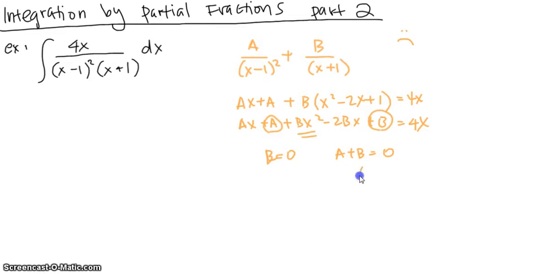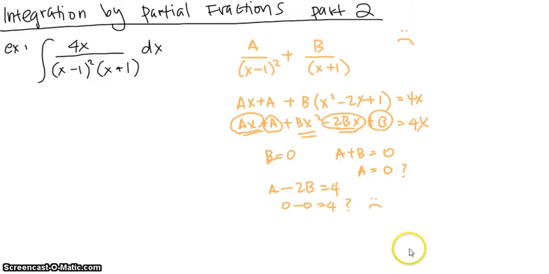Therefore, if b is 0, a has to be 0 also. Now, if that's the case, the coefficients of x, a minus 2b, has to equal my 4, and 0 minus 0 is equal to 4.